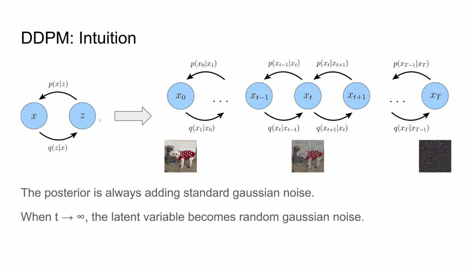On the right, we want to extend this by first assuming that the latent and the input data have the same dimension. We are first changing the posterior distribution into a fixed distribution, which is adding Gaussian noise, which means that for each such posterior distribution, or we call it the forward process, we're using a Gaussian distribution using the previous variable as the mean and some variance.